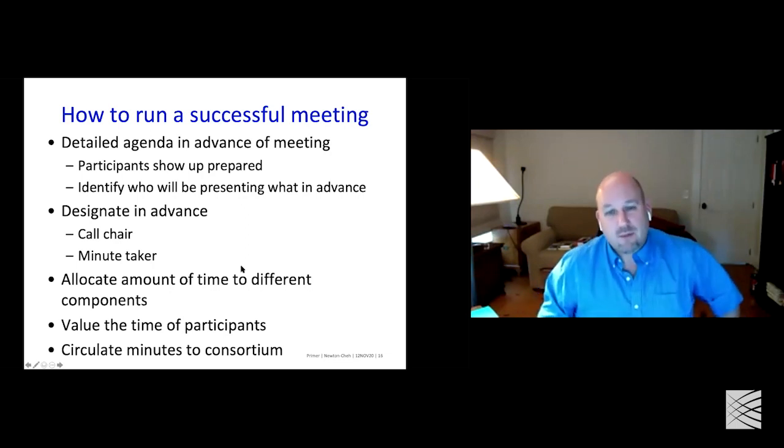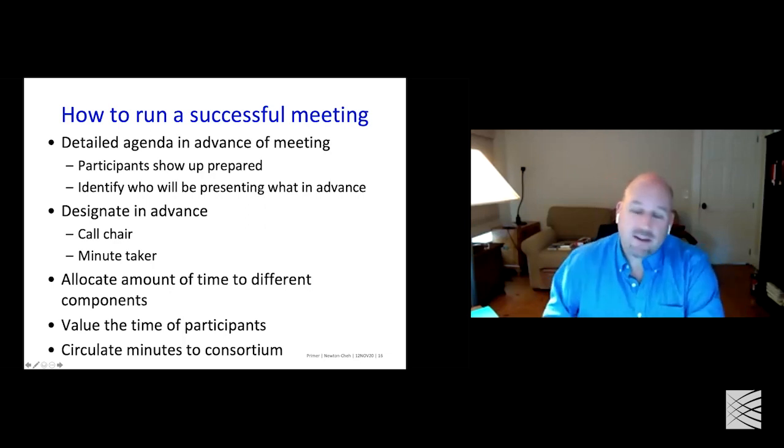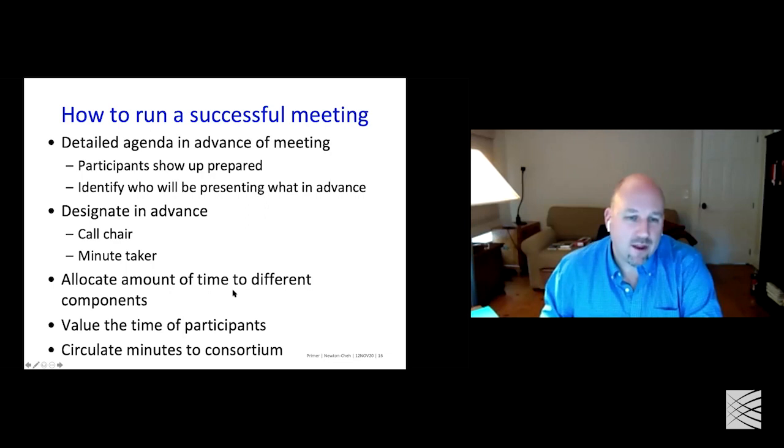So respect the participants and presenters by giving a certain amount of time, and if you reach the end of that time and need to move on, then you move on. And I think it's important to do that. That's where a chair of the call can be very helpful.